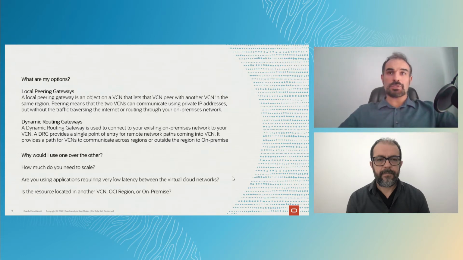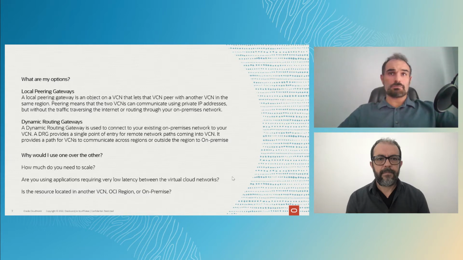But we also support a more complex solution, which is like a virtual router, and that's called the Dynamic Routing Gateway, or DRG. With DRG, you basically have a full-blown router. You can have full routing between your subnets. You can have routing between your subnets and the outside world, which could be your on-prem deployments. Here, the decision is pretty clear.